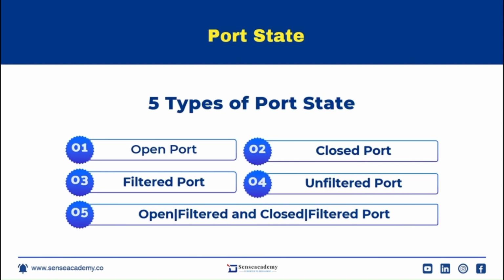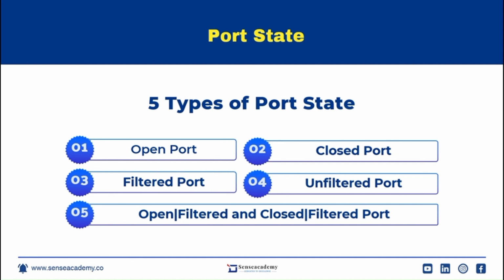Now, what states are there? Usually ports are divided into four common states, but now we are talking about five: open port, closed port, filtered port, unfiltered port, and last but not least, open but filtered and closed but filtered.